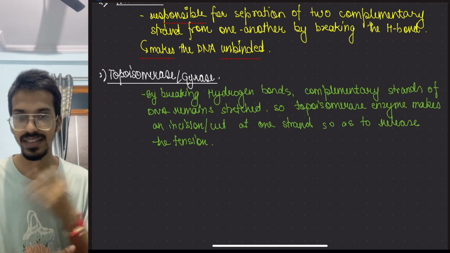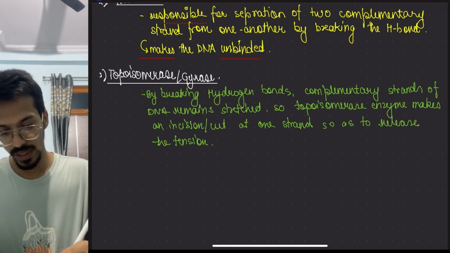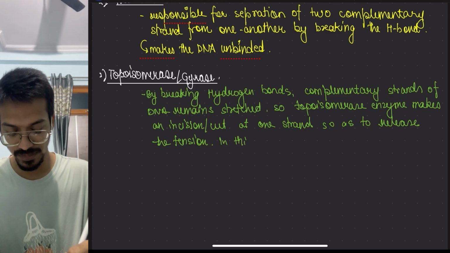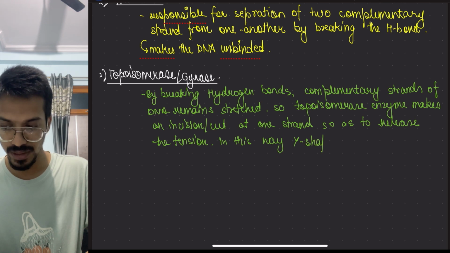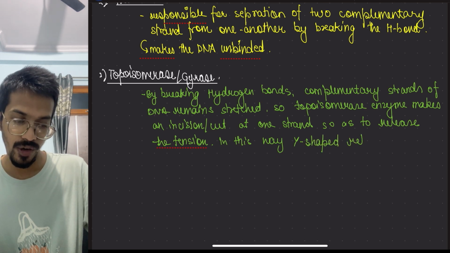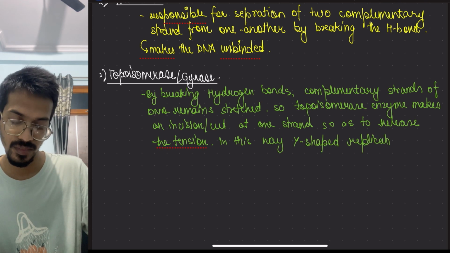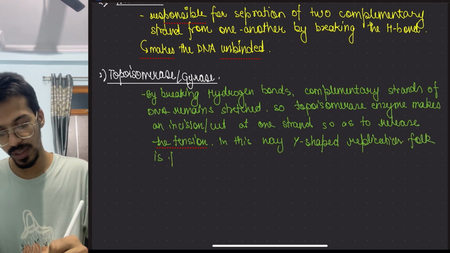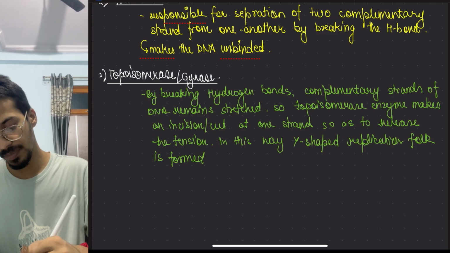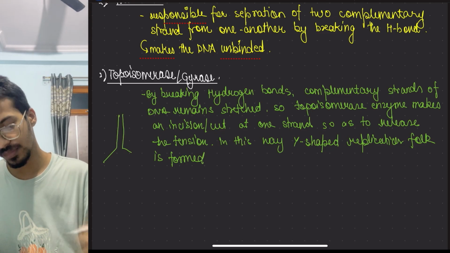You will understand that as we go on. In this way, the Y-shaped replication fork is formed. It appears something like this, Y-shaped.